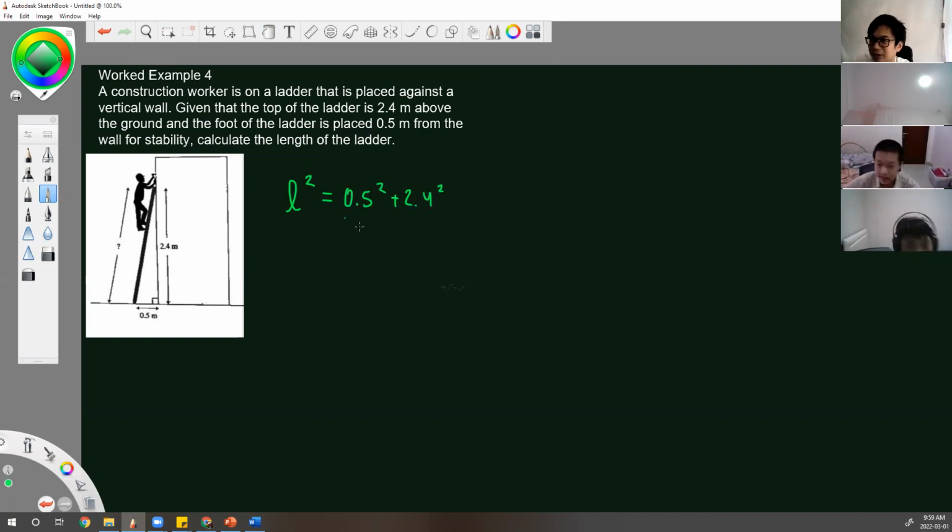Or you can just switch, it's the same. Now we can find L square using the decimals. 0.5 square is 0.25. 2.4 square is 5.76. And you add the numbers, right?